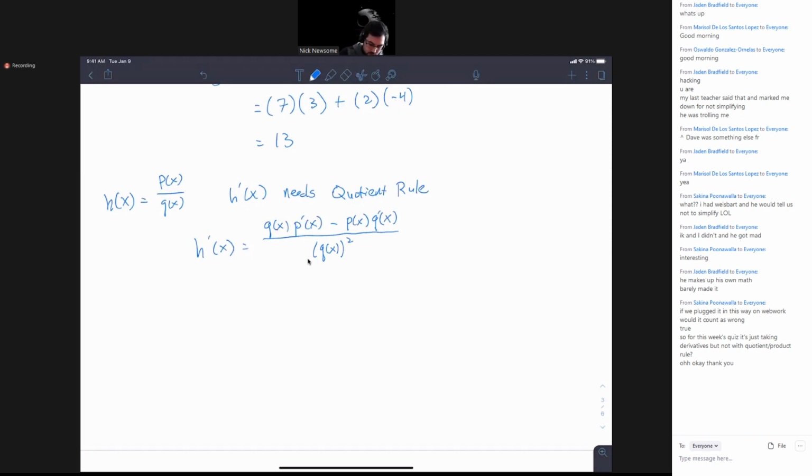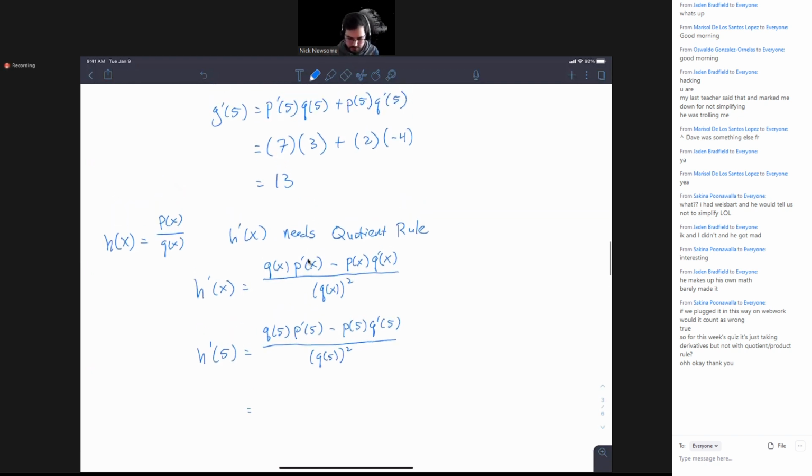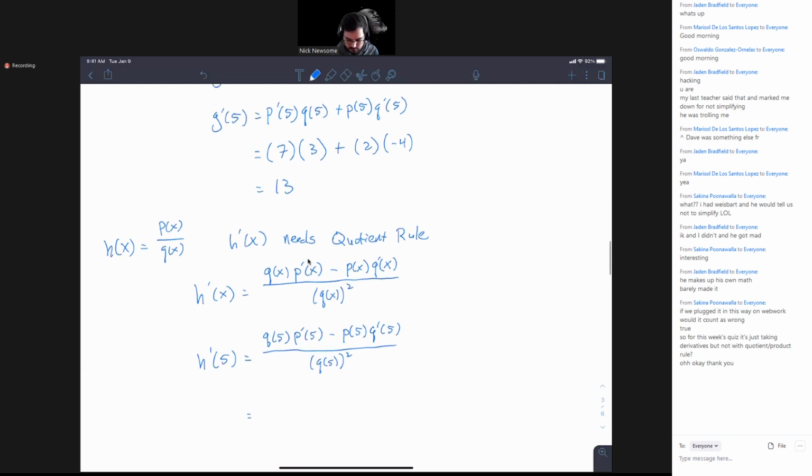And then same thing. If I want to know what h prime of 5 is, I just replace all of my x's with the number 5. And again, we know what all this information is. So now it just becomes plugging it in.